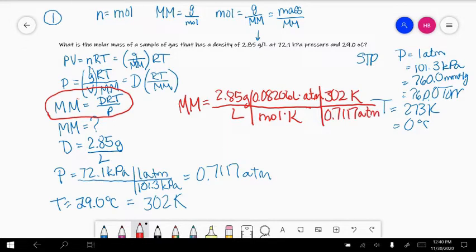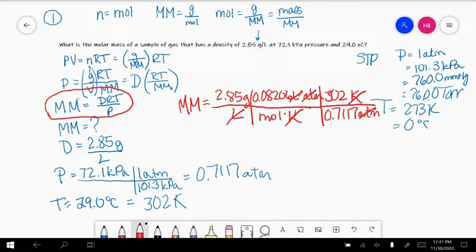If all has gone correctly, the units I don't want will cancel out. How they cancel out is by having one on the top and one on the bottom. When you have the same unit on the top as you do on the bottom, they will cancel out. And we are left with units of grams on the top and moles on the bottom.